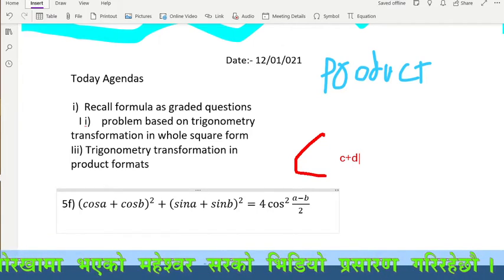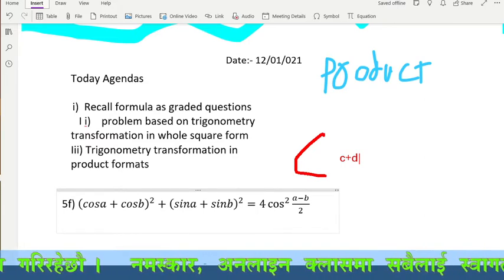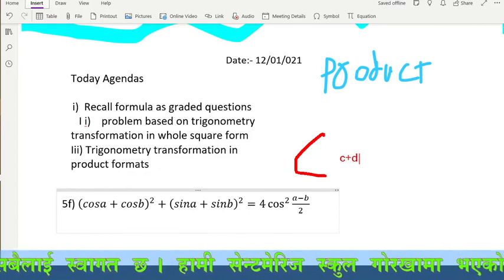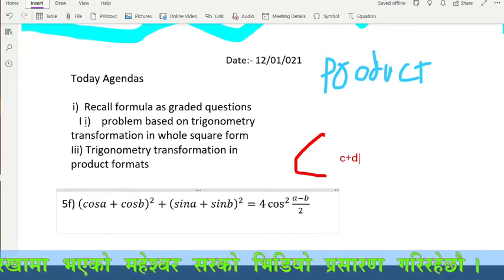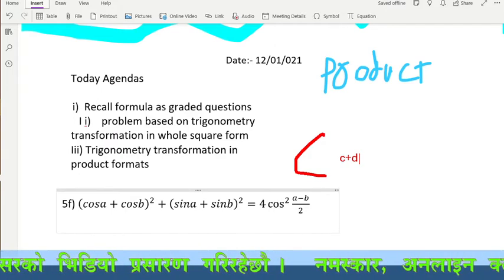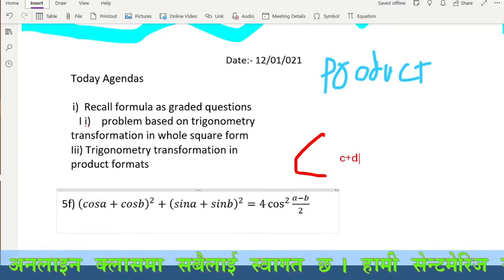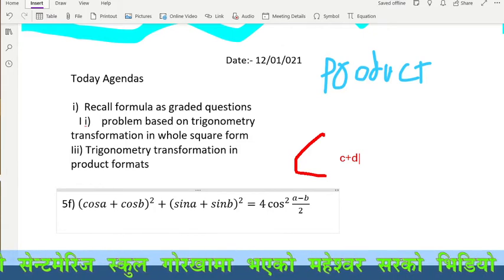All of you have read that there should be the same trigonometrical ratio in both. In our case, both ratios are the same, as cos A, cos B are the same ratio, and sin A, sin B are the same ratio. So directly we can go through the CD formula. If there is no same trigonometrical ratio, we can't use the CD formula.